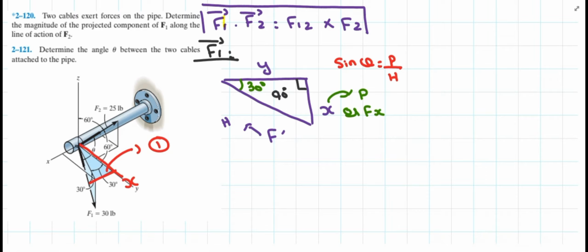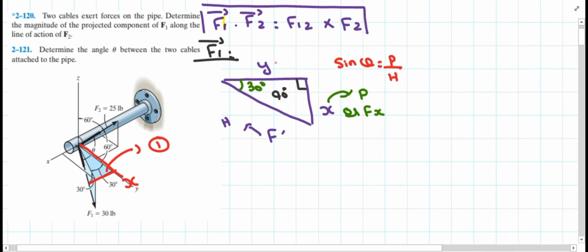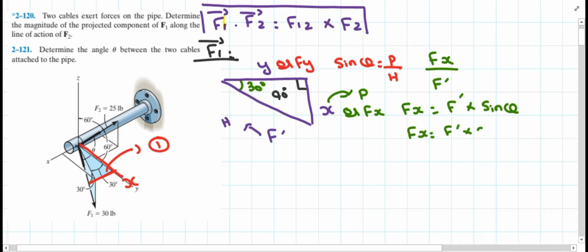Similarly, the side where the two angles meet is known as the base, and in this case it is the y, or the Fy. So sine theta equal to perpendicular upon hypotenuse can be written as Fx upon F prime. So Fx is equal to F prime into sine of theta. We don't know the value of F prime here, but we know the value of theta, so this expression can be written as Fx equal to F prime into sine of 30 degrees. Let's call this equation number 1.